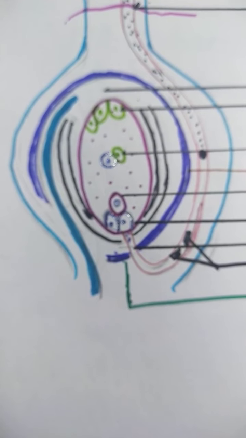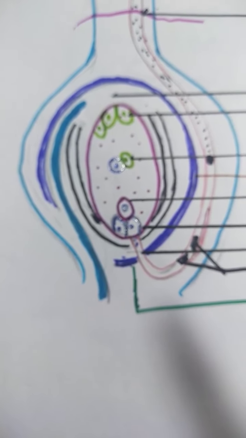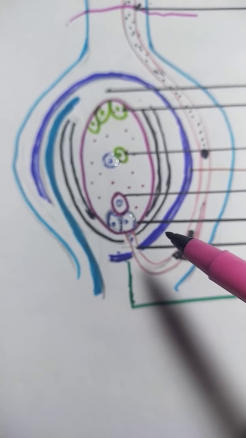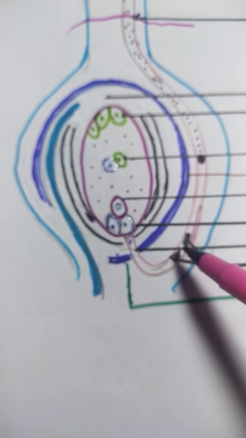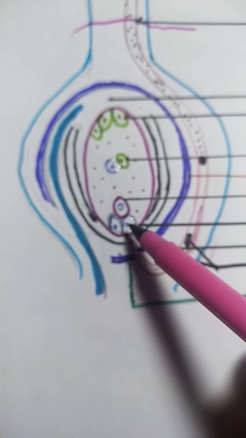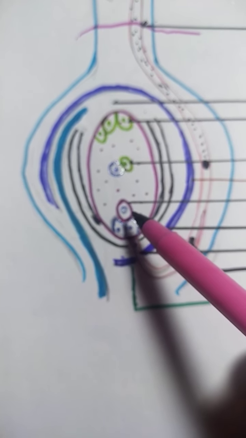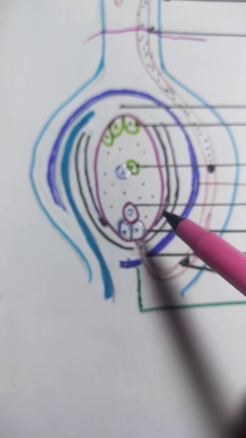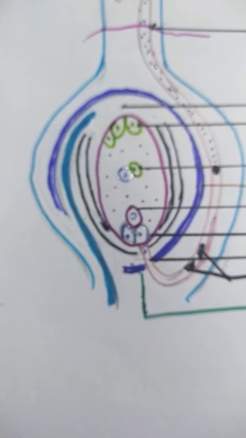One of the two male gametes passes through the synergid and fuses with the egg or oosphere. This is called generative fertilization, also known as syngamy.